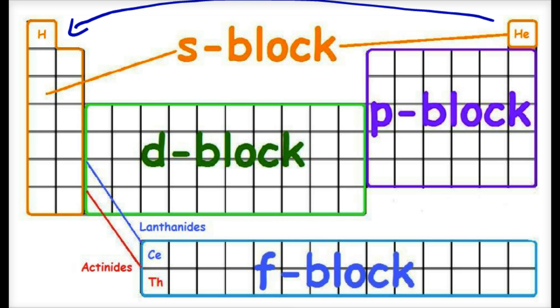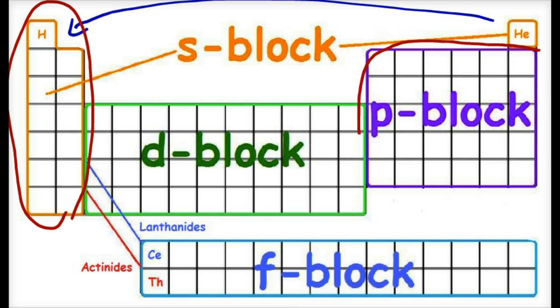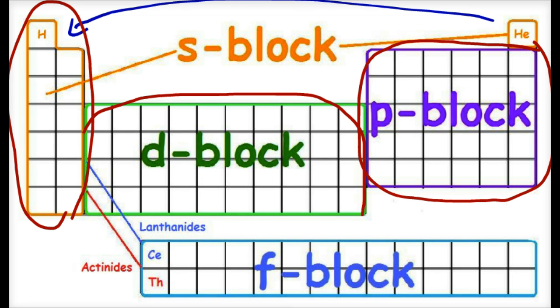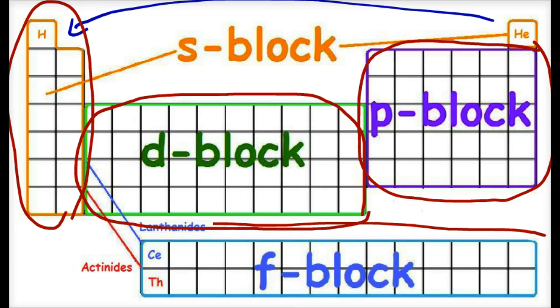Your alkali metals and your alkaline earth metals are where you will find your s orbitals, whereas you will find your p orbitals over here in this region, which are your metalloids and your nonmetals. Transition metals represent all your d block, or your d orbitals are found there. And down here where the lanthanides and actinides are, you'll find your f orbitals.